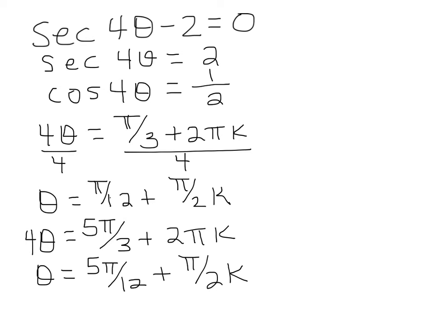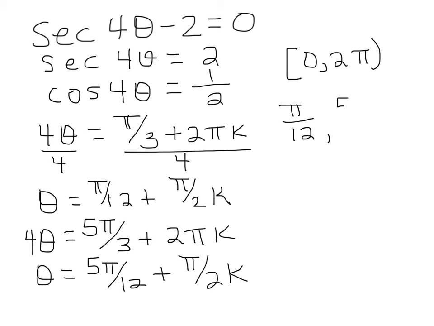Now generally we would like to have the solutions that live in the interval from 0 to 2 pi. So I'll start with pi over 12, and I'm going to add pi halves to it. So pi over 12 plus 6 pi over 12, which is pi halves written with a common denominator, would be 7 pi over 12.